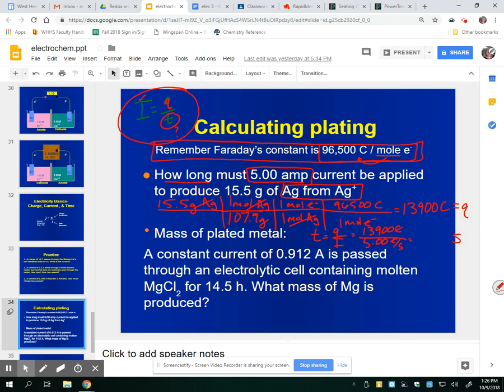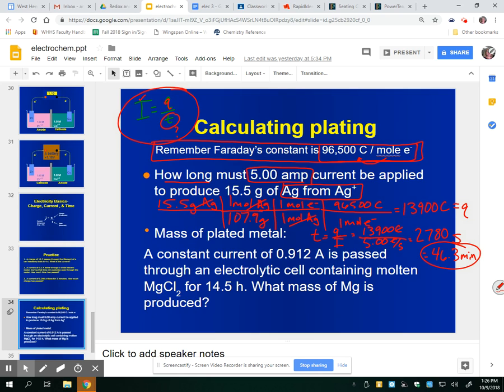My answer is going to be in seconds. 13,900 divided by 5 is going to give me 2,780 seconds. Now, you would never report that amount of time in seconds. So let's take it to a number we might use. That is also equal to 46.3 minutes. And that would be a reasonable answer to this question.